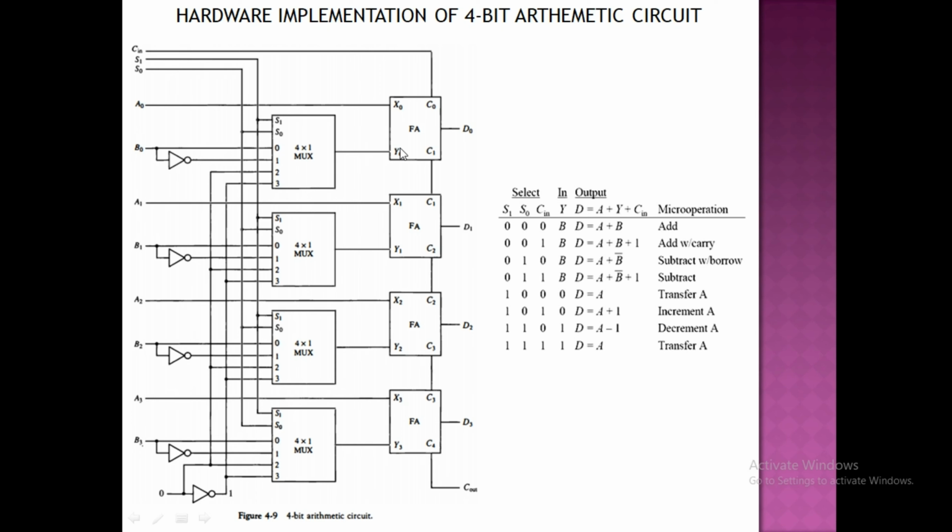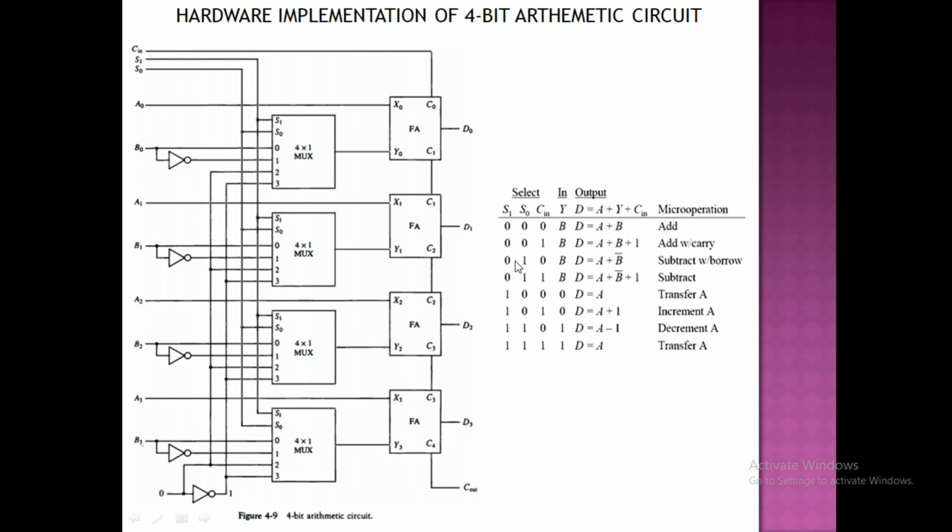So A plus B, which gives an output, is an addition operation. And coming to the second one, when the carry input is 1, we increment the addition operation of A and B bits, so add with carry.